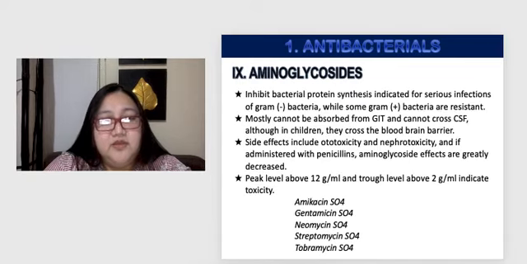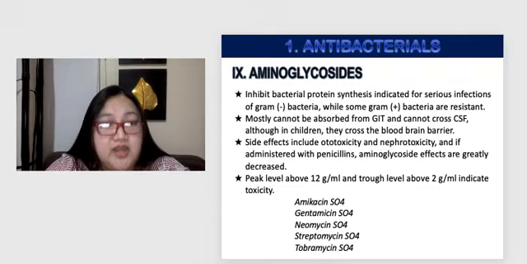Next are the aminoglycosides. They inhibit bacterial protein synthesis and they are indicated for serious infections of gram-negative bacteria, but only for some gram-positive. Alright? Mostly, aminoglycosides cannot be absorbed through the GI tract.